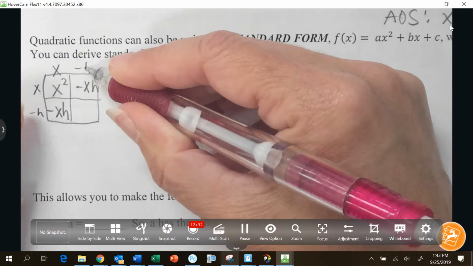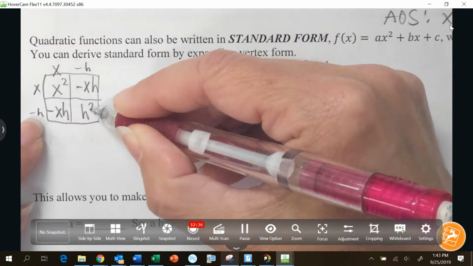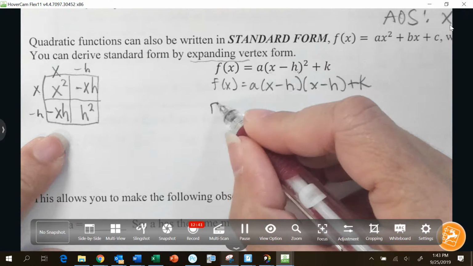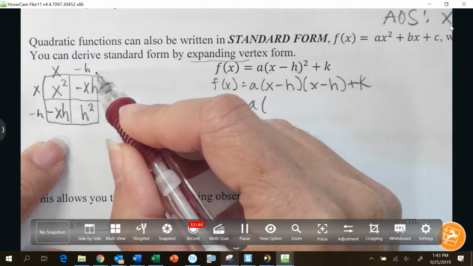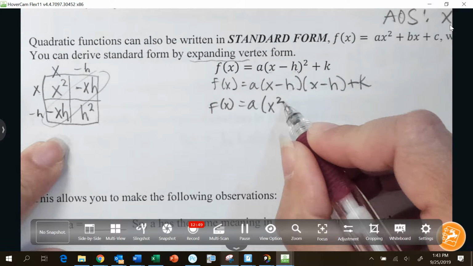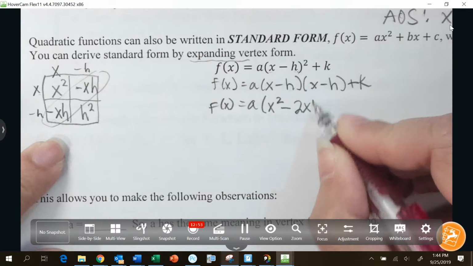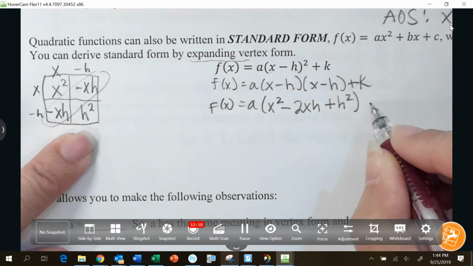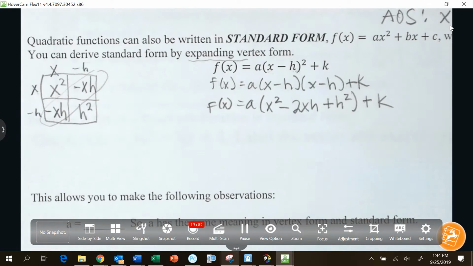So negative times negative is positive, and h times h is h squared. From there, I have to combine like terms, which are the middle two terms. I've got x squared, minus 2xh, plus h squared. And then outside of that, I have an a, and we have a plus k over here.